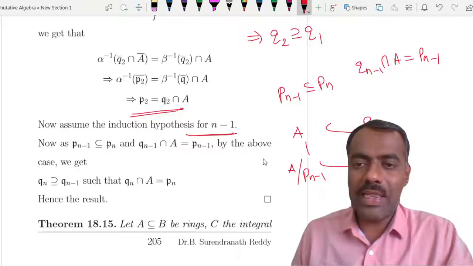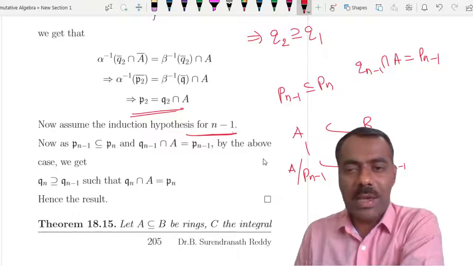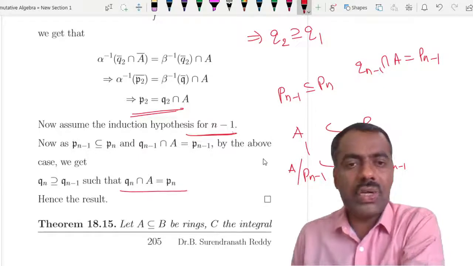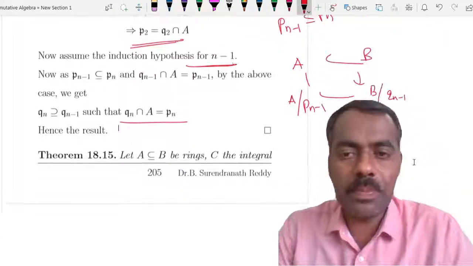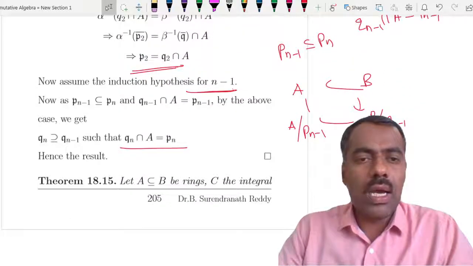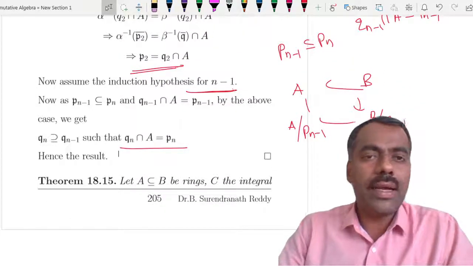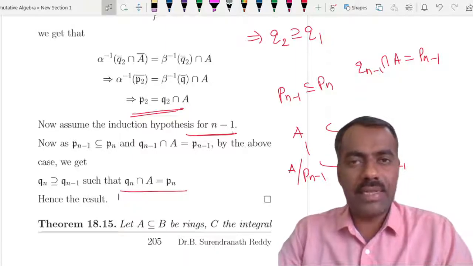Then you apply the previous step and you get that there exists a prime ideal Qn such that Qn intersection A is Pn. That proves the going up theorem. We'll stop here. Next class we'll see some other results.